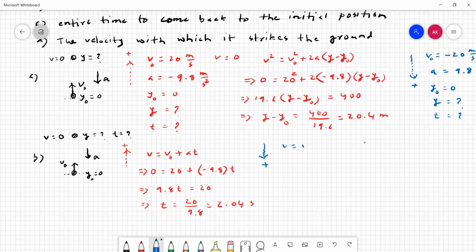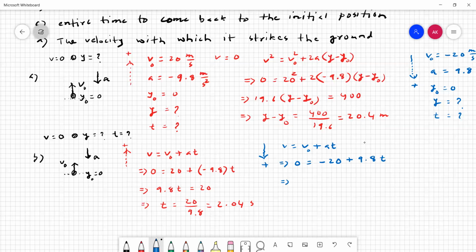I use the same equation, V is equal to V naught plus AT. Final velocity will be 0, but initial velocity will be how much? Negative 20. And acceleration will be? Positive 9.8.